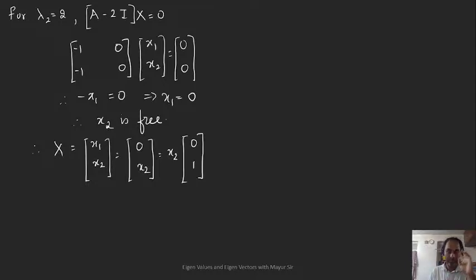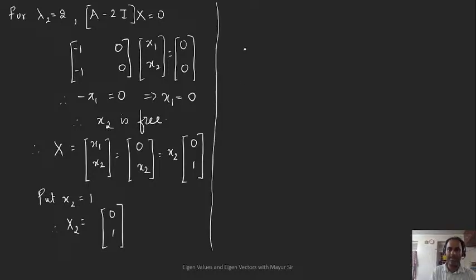Now we put x2 equal to 1, and therefore we have your capital X2, which is 0 1. And hence we now go for the next part.